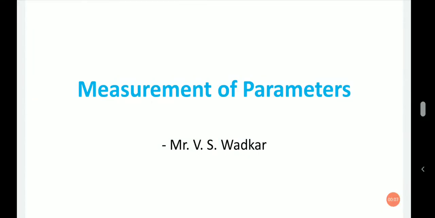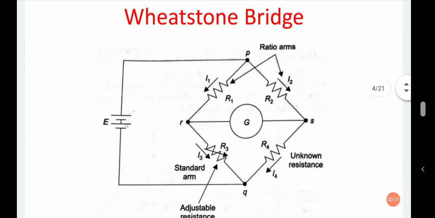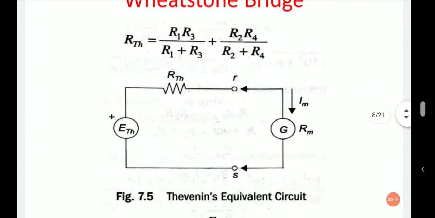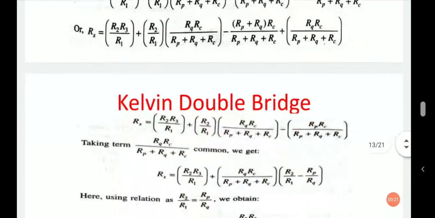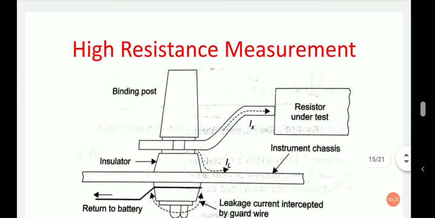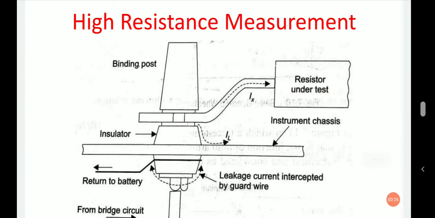To see measurement of parameters, and in that we will discuss high resistance measurement. The Wheatstone and Kelvin bridges we have discussed earlier cannot be used for measuring high resistances in the range of 100 or 1000 of mega ohm.